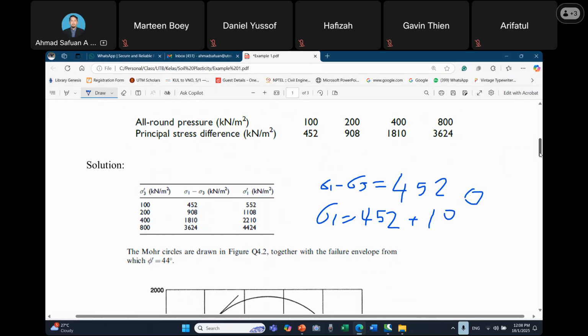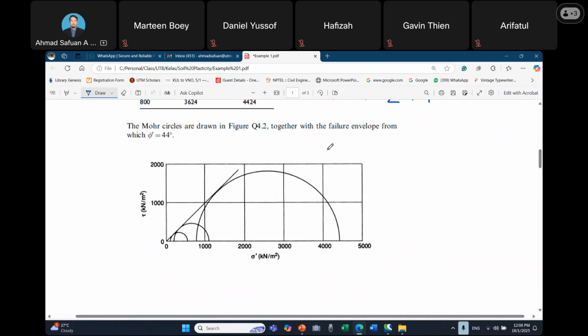Then 1108, 2210, and 4424. Later we plot these: sigma 3 is the confining pressure and sigma 1 is the ultimate failure.